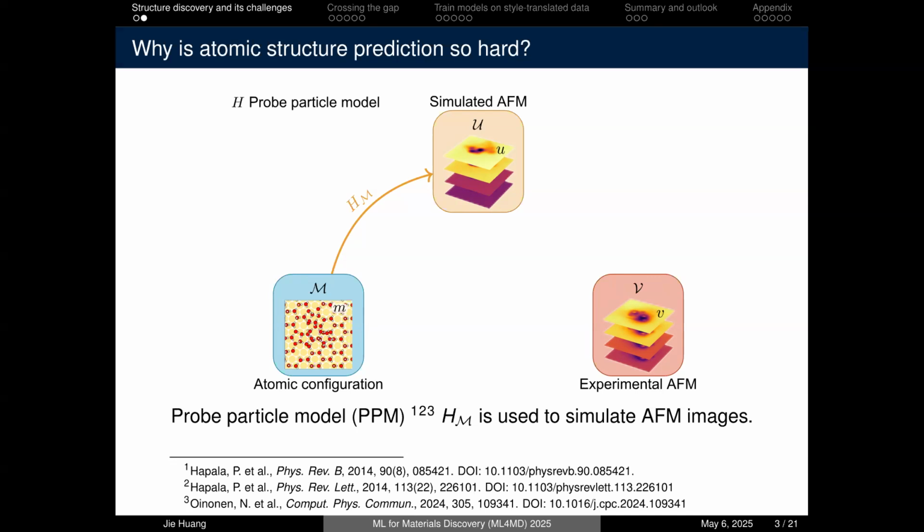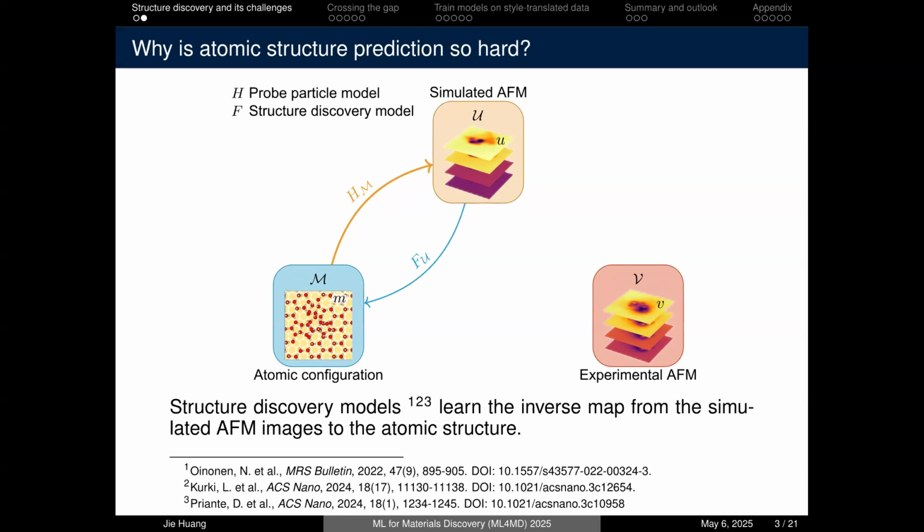So it makes it possible to learn an inverse map from the simulated images to the atomic configurations. We have done that in our previous work, and after we train this model, we input the AFM images, and we can get the atomic configuration.